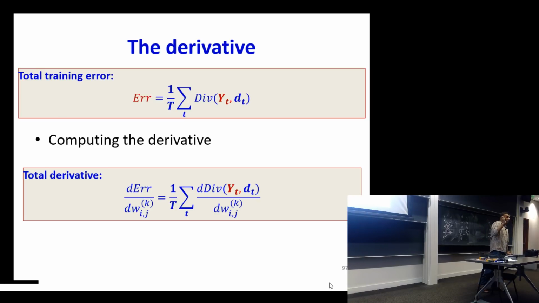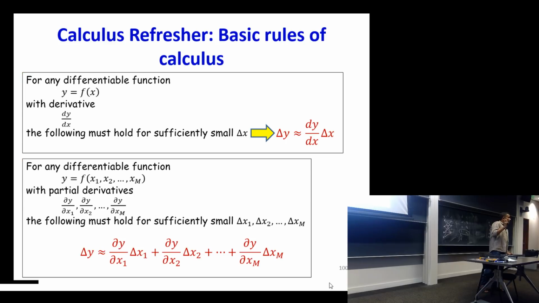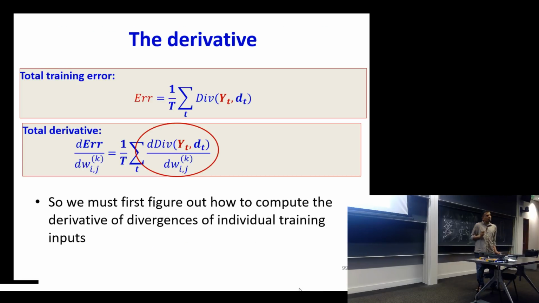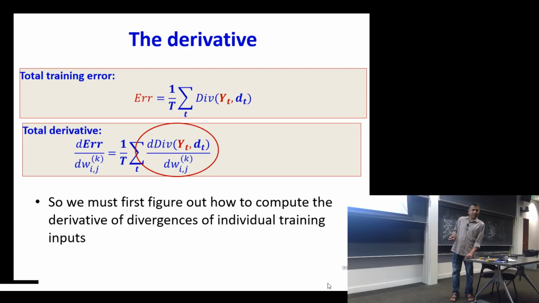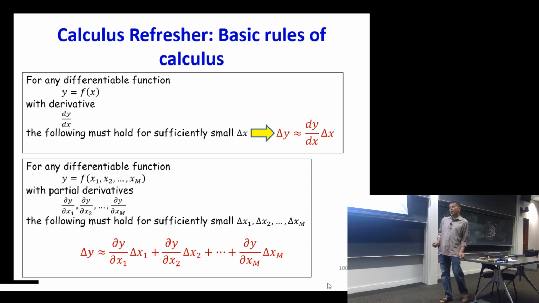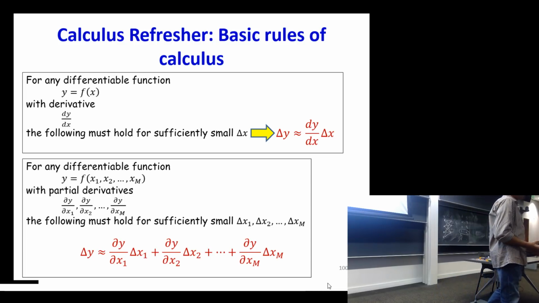This is the term we need to be able to compute in order to train our network. Ideally, I would have been at this point half an hour earlier, but between my delay and these other things, we haven't got here. But I'm going to quickly give you, in the next 5 minutes, a calculus refresher. You're going to have to wait with me a few more minutes beyond the end of the class.